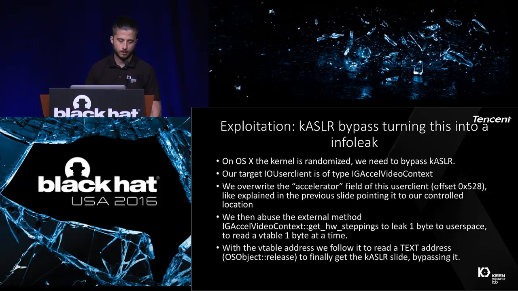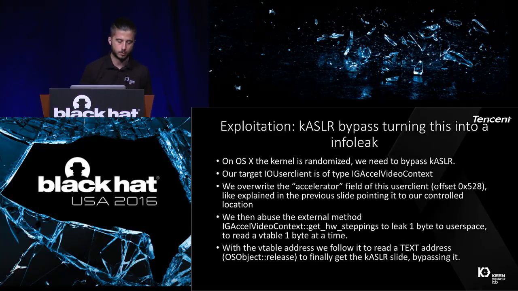Many people may know that on OS X there is kernel KASLR, so we need to bypass it. We will abuse some external methods of IOAcceleratorVideoContext, which is an IOUserClient for graphics, to bypass KASLR and then gain instruction pointer control. So we choose to overwrite the accelerator field, which is at offset 528.